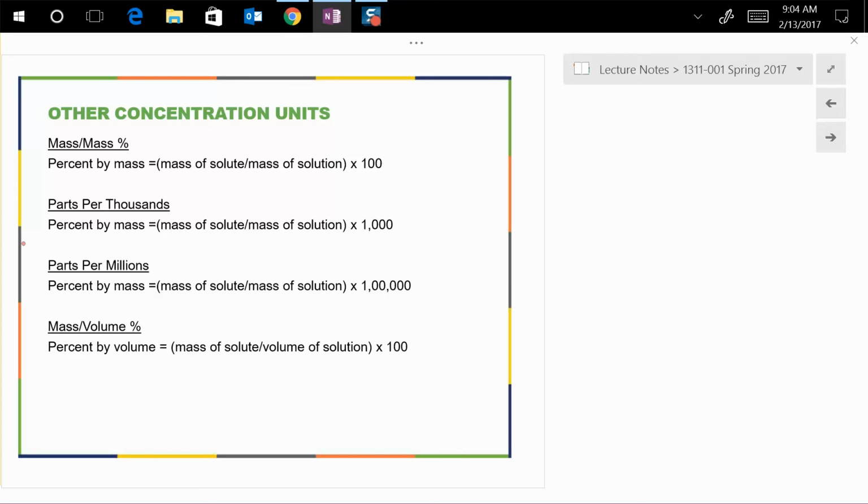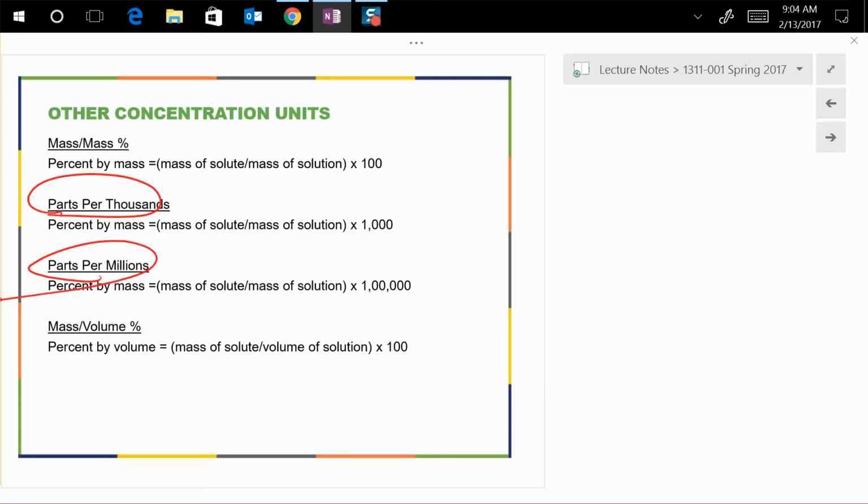So when you sell something in the grocery store, it's usually by either mass per mass, most often, or mass per volume percents, because the layman reader will understand that better. Okay? Parts per thousand, parts per million, that's often used for things that are very diluted, like whatever is in our drinking water.